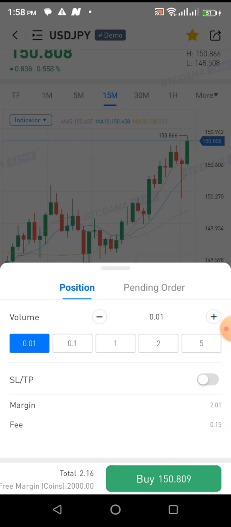The next one is 1, and it continues up to 5, which is the highest if I'm not mistaken. So that is that.